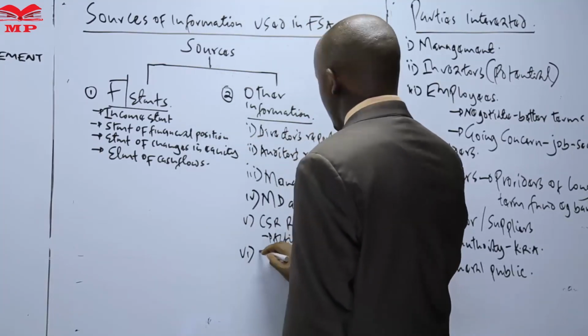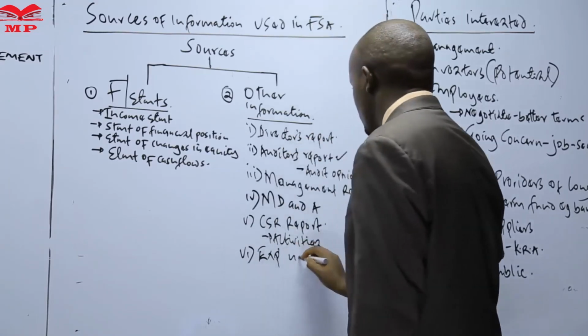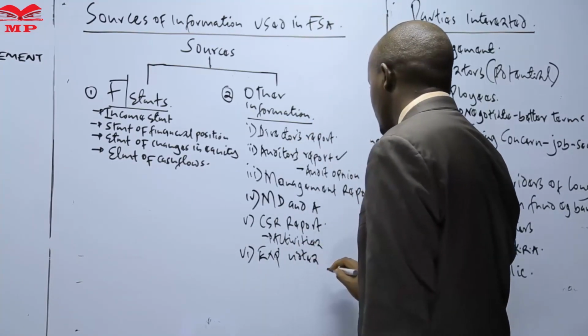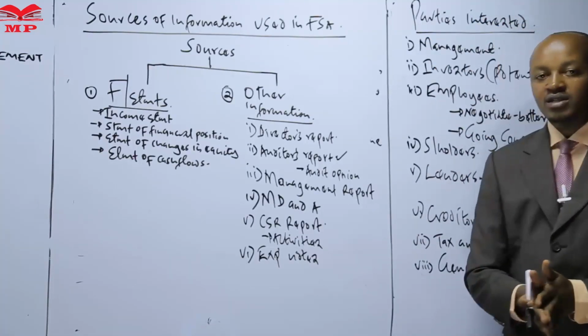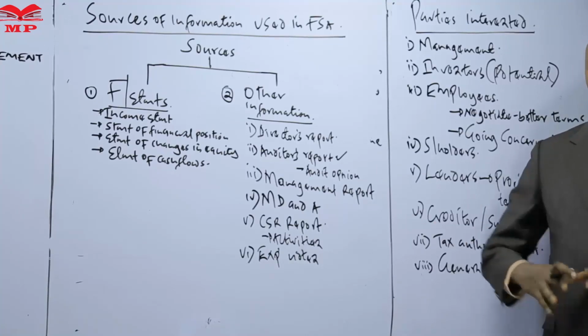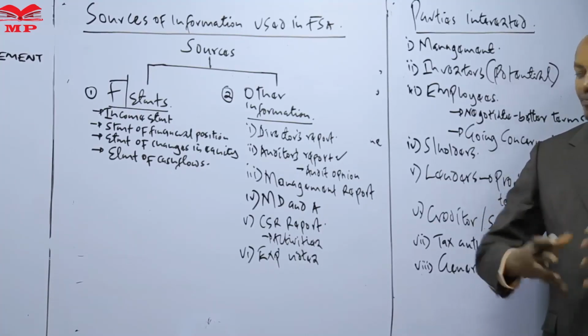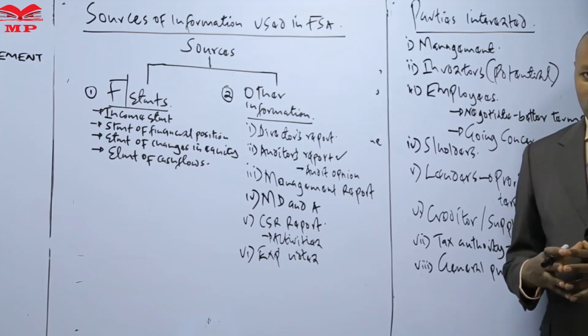Now the other source of information is what we refer to as explanatory notes. When we talk about explanatory notes, these are the notes which accompany the financial statement, and which will be trying to elaborate the various items in the financial statement.